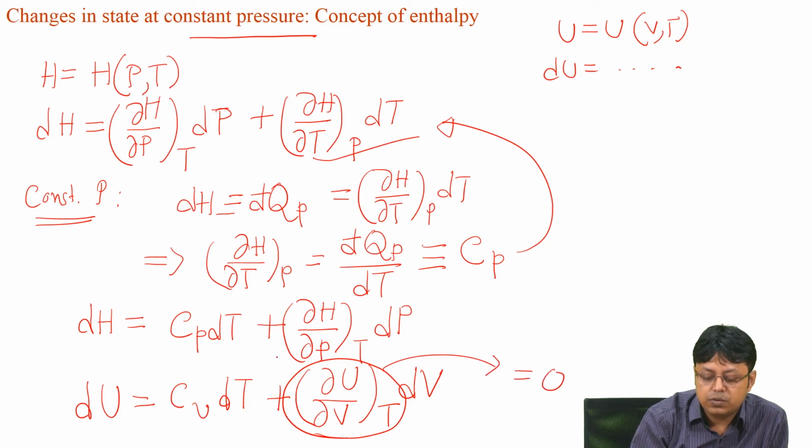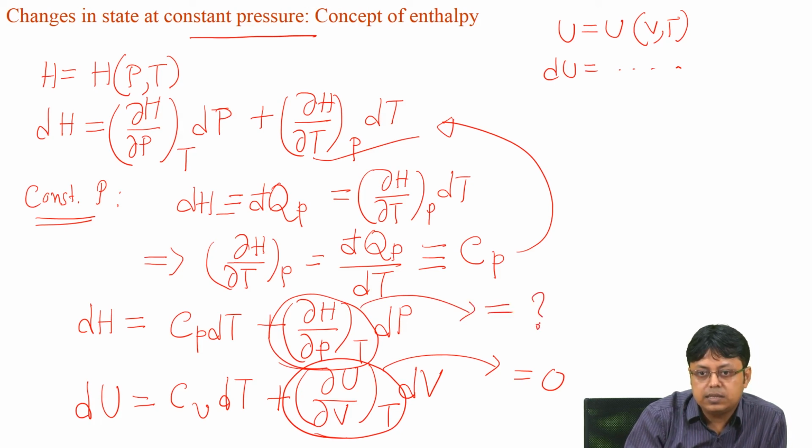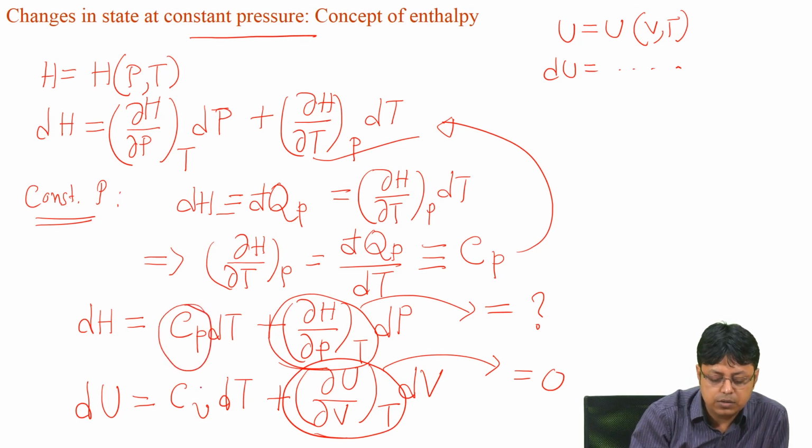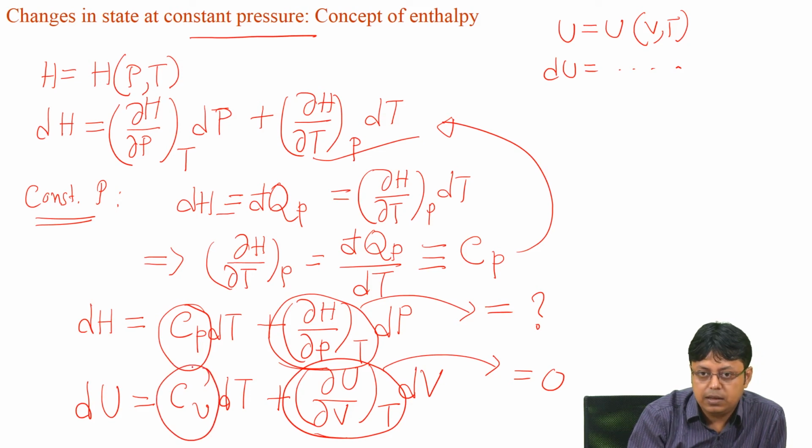Now, the question is, what is the value of del H del P at constant T? For that, we will discuss an experiment known as the Joule-Thomson experiment. But before that, we will discuss the relationship between Cp and Cv, which are the heat capacity at constant pressure and the heat capacity at constant volume.